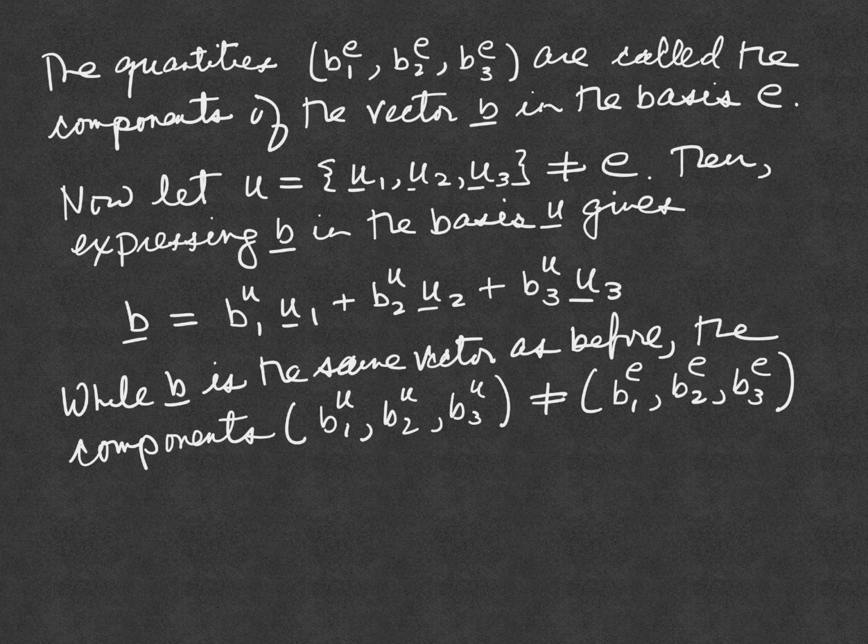So we can actually abbreviate this a little bit nicely with shorthand, which we use a lot. When we use the expression B with subscript E, we're going to call that a column matrix, which will be B1E, B2E, B3E.